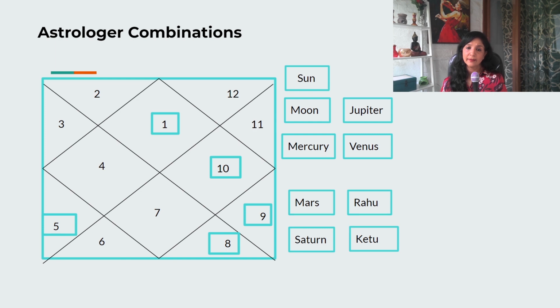If Venus is weak, then the person will not be able to distinguish between right and wrong. Good Venus gives a good eye for detailing, designing also. So if you have a good eye for detailing, then only you will be able to predict something, else you will be lost. So Saturn.